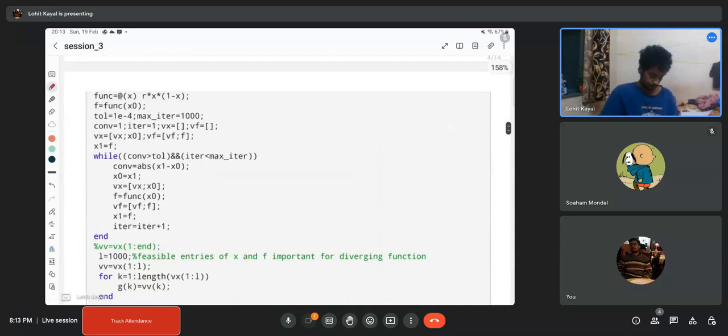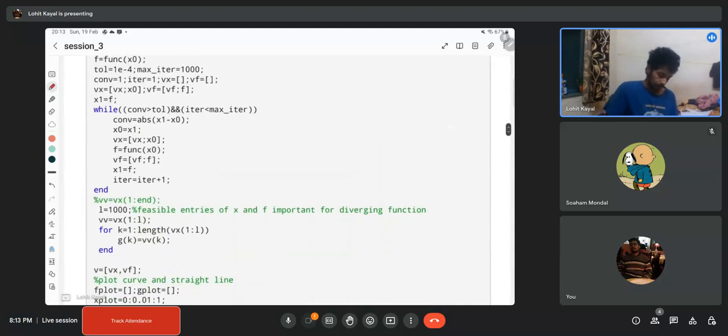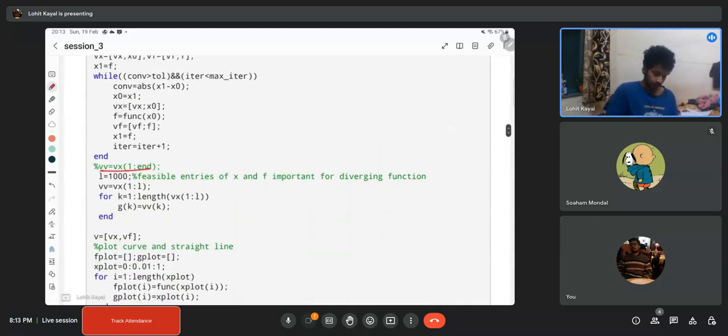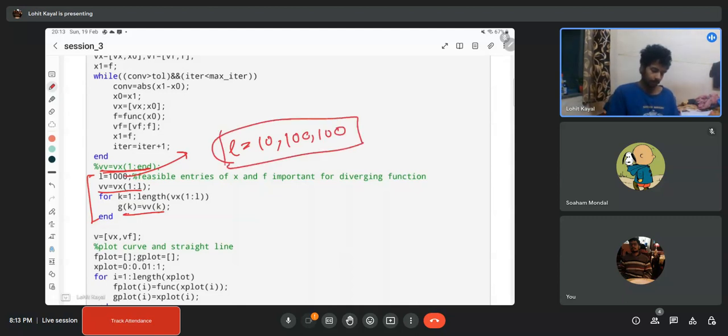Previously I was using this. Here, as the solution doesn't converge, I have to modify it a little. I am taking up to some point where I want to stop. Just take L equal to 100,000. L is similar to your number of iterations, meaning how many values you want to take.